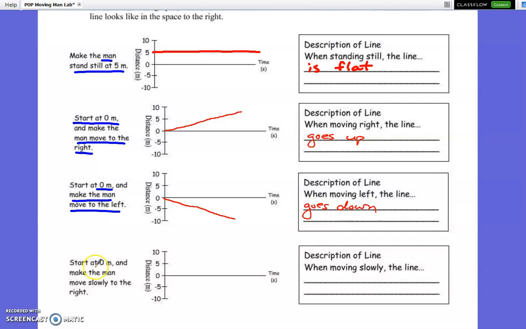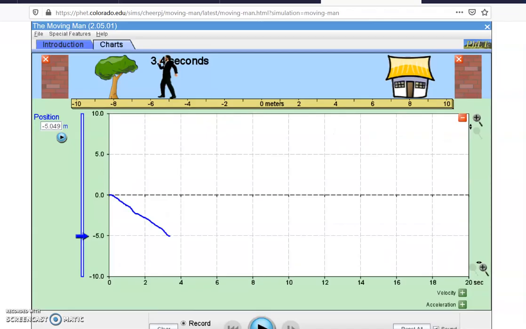And the next, we're going to start at 0 and make the man move slowly to the right. So we'll clear our graph here. We'll start at 0. And we are going to make the man move slowly to the right.